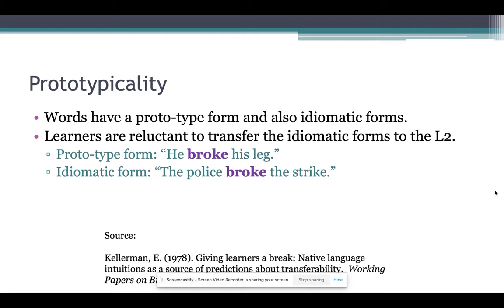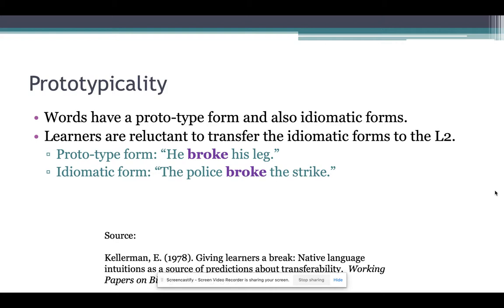Another very similar theory about L1 transfer is prototypicality theory. Prototypicality theory proposes that certain words have a pure or prototype form and also have a less pure or idiomatic form. So let me illustrate this with the word cover.